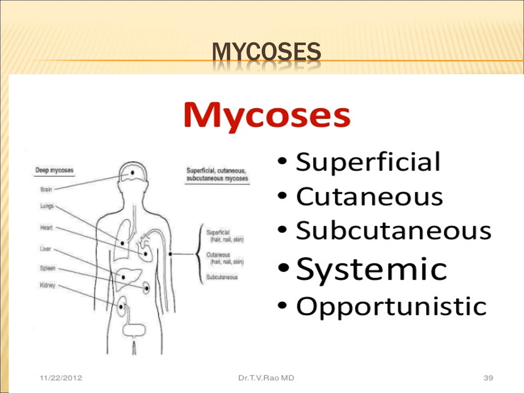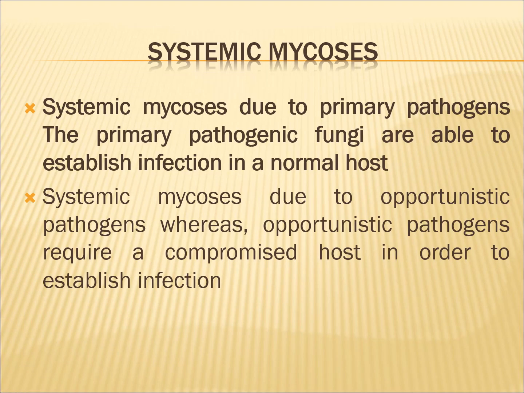Systemic mycosis occurs either as a result of infection with primary fungal pathogens, meaning these fungi have the ability to overwhelm the immune system in an immunocompetent individual, in a normal host.